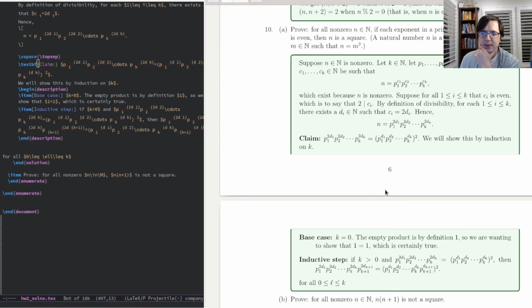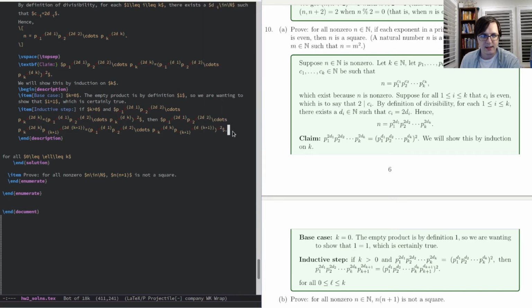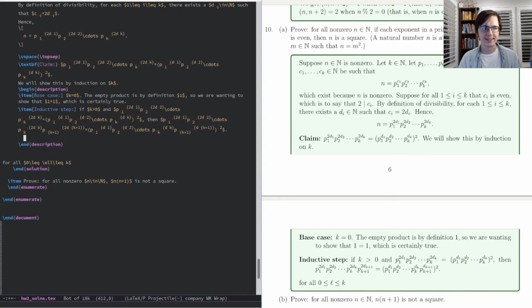Okay, so we got the base case, and then the inductive step is if k is greater than 0 and the thing, then it's true for k plus 1. I'm going to change this to supposing.